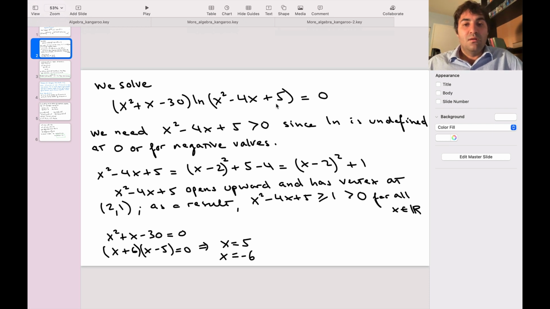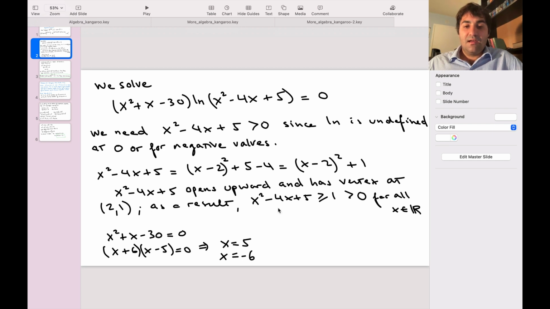So what I can do is complete the square for x² − 4x + 5, and then we get this standard equation for a parabola, right? (x − 2)² + 1. Like I said, this is the equation of a parabola, and it opens upward and has a vertex at x equals 2, y equals 1.